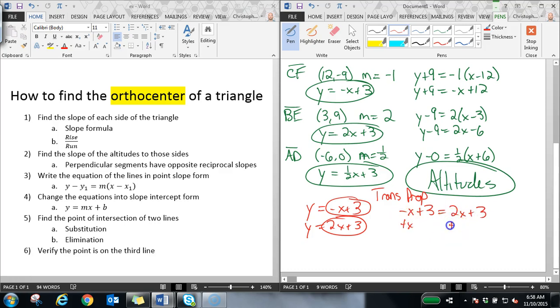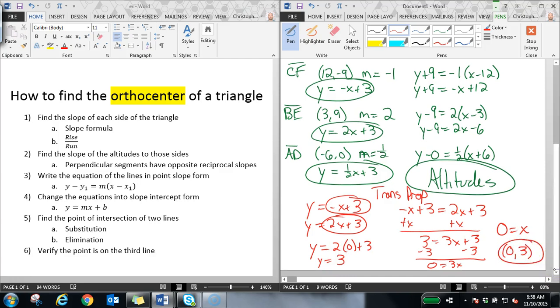Add x to both sides, which comes to 3x. So 0 equals 3x, divide by 3, 0 equals x. Then I substitute that back in to get my y. Put it into either one, it doesn't matter, they'll give me the same thing. So I get 2 times 0 is 0, plus 3, so my point is 0, 3.